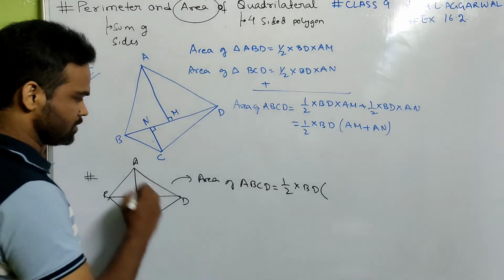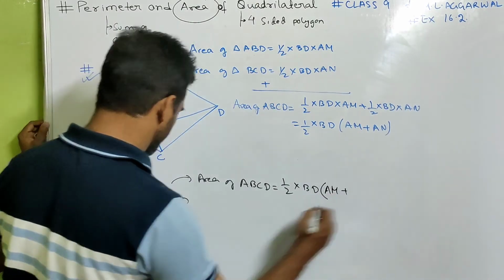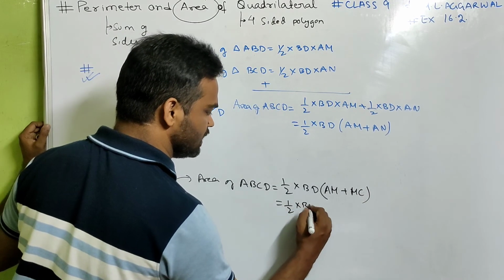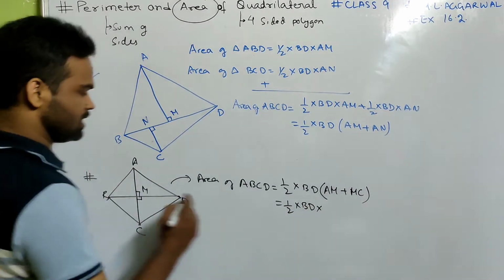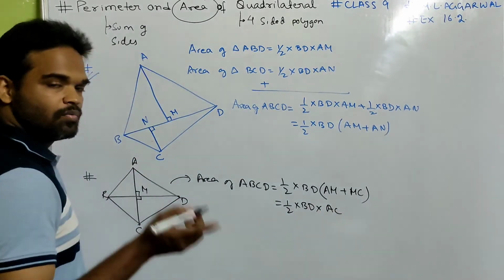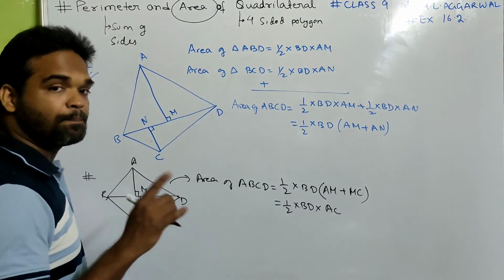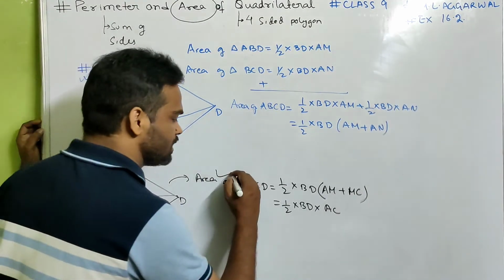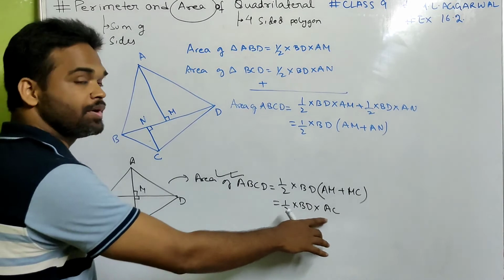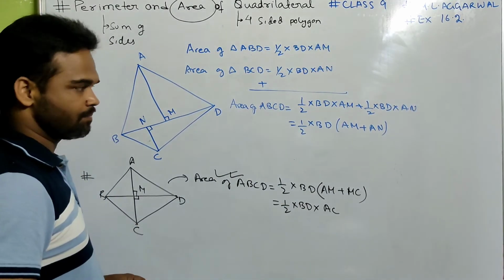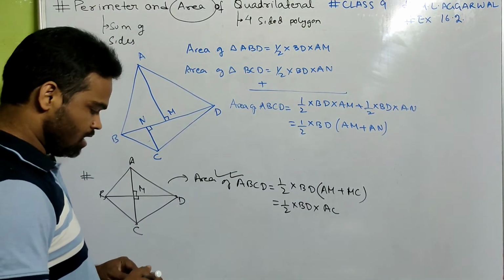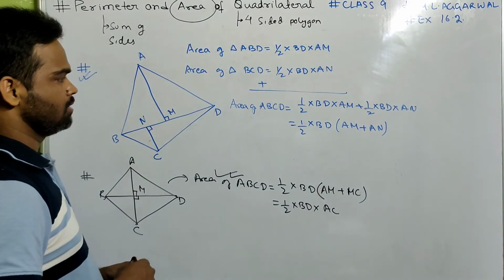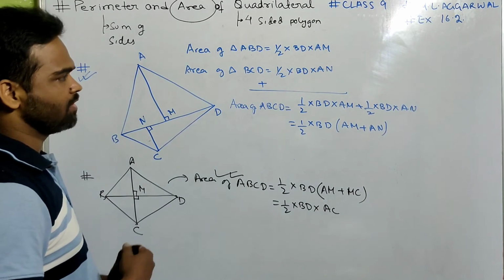Suppose this is M. AM plus MC is AC, so if the diagonals are perpendicular to each other, then the area of the quadrilateral can be written as half into the product of the diagonals. Am I clear? These are the basic cases which I've taken over here.